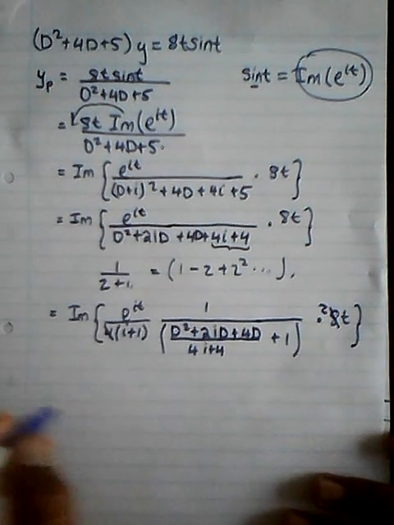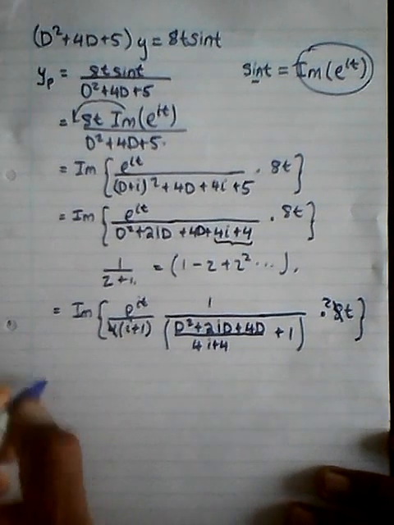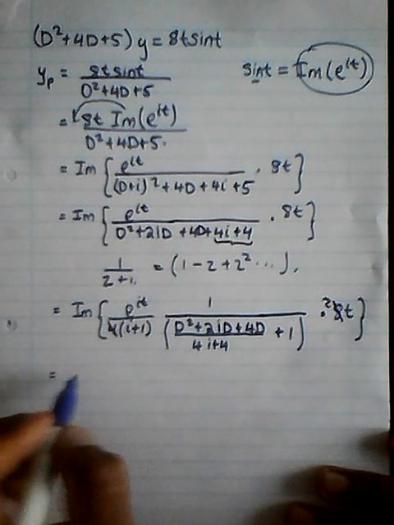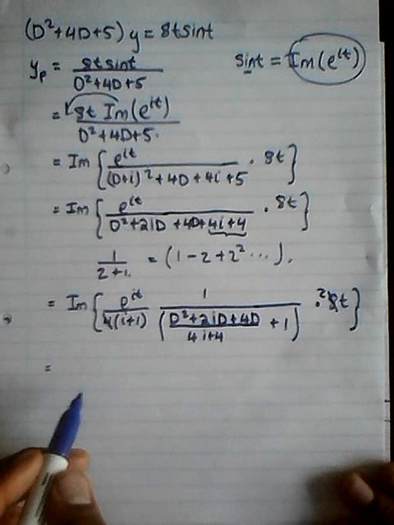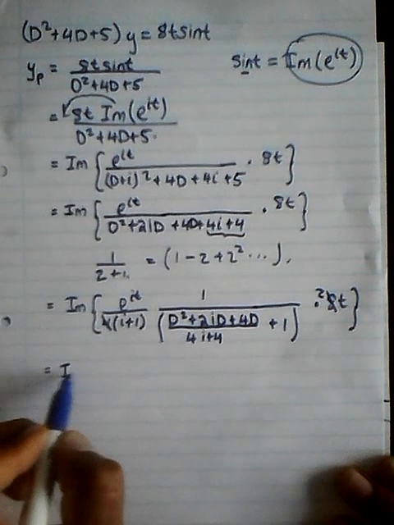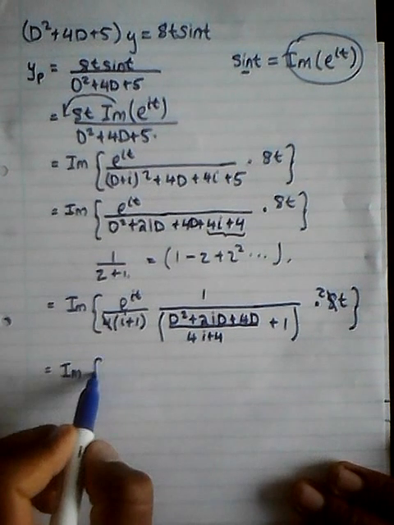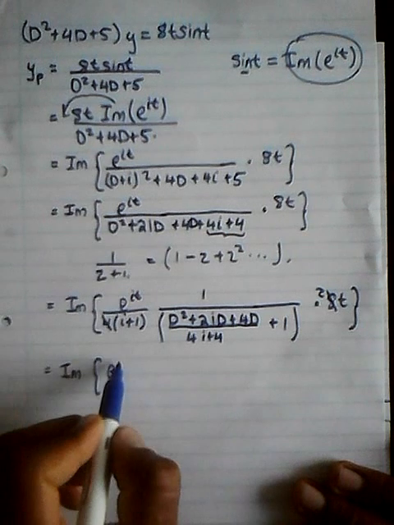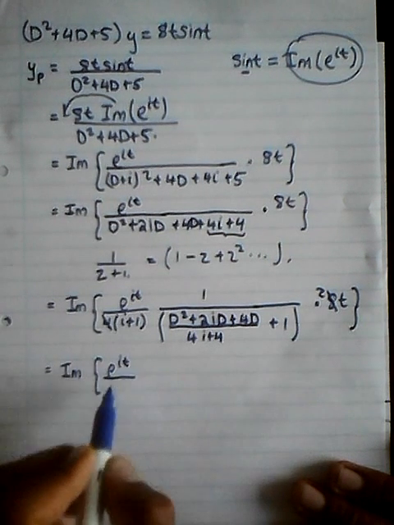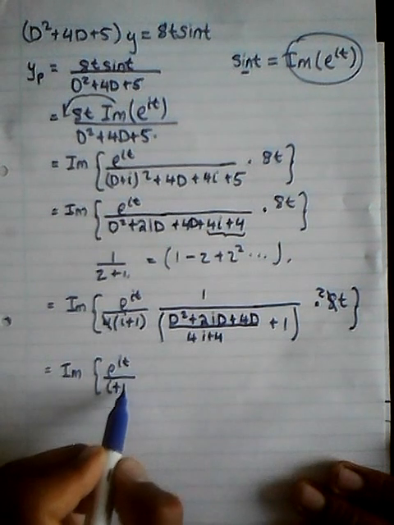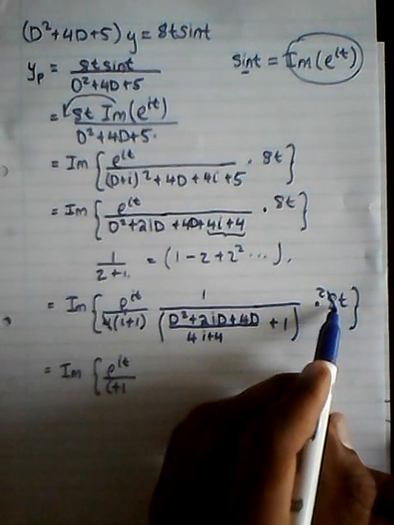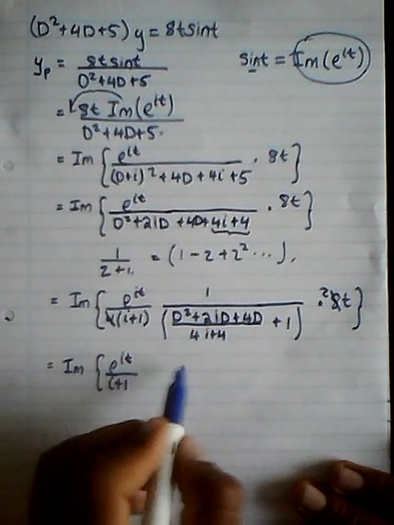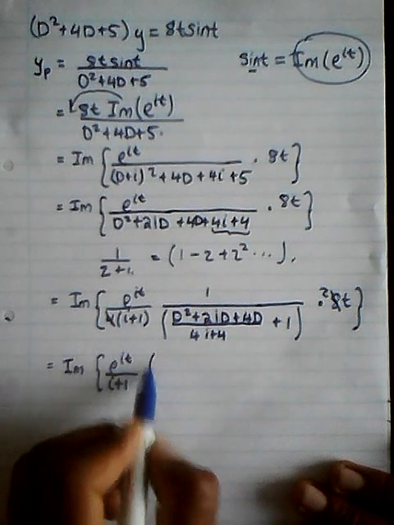Okay, so we're going to have yp being equal to the imaginary part of e to the power of it divided by i plus 1, after dividing 4 and this 8 here.